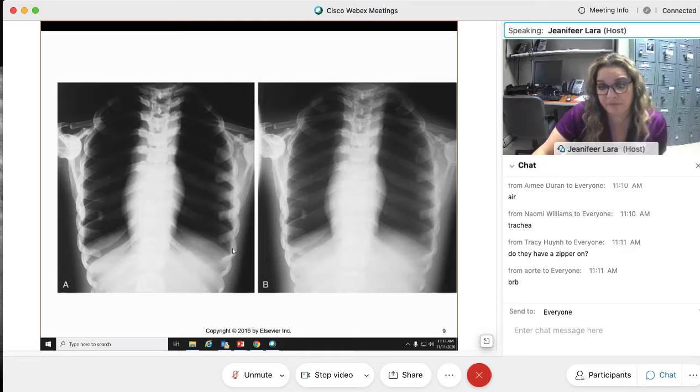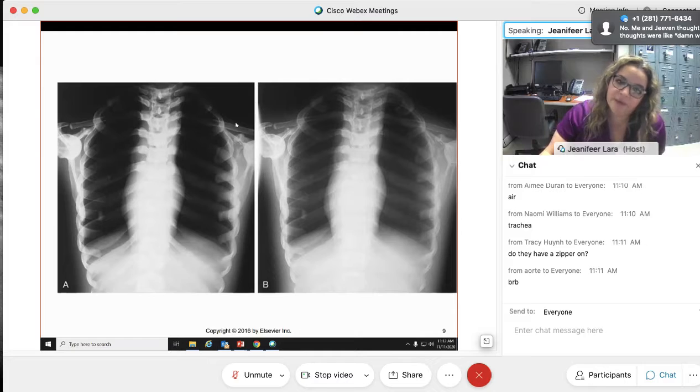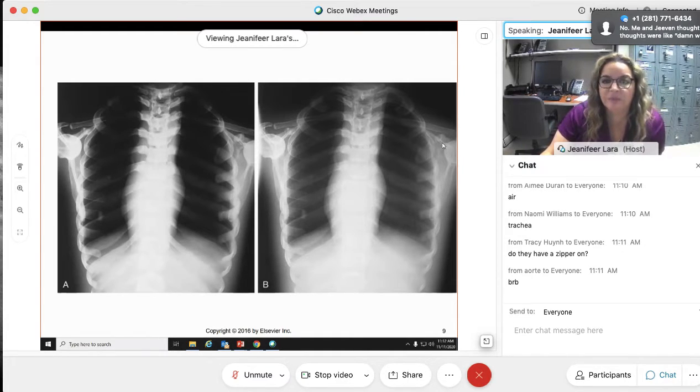This is the same phantom, but phantom A has a darker appearance in the lung area than phantom B. Can anyone explain that rationale to me?